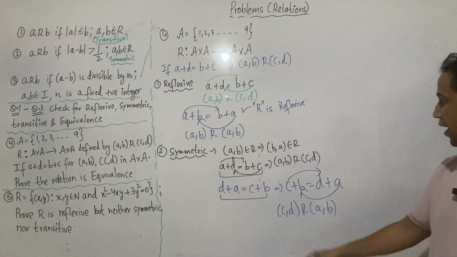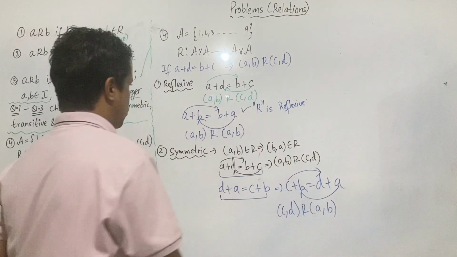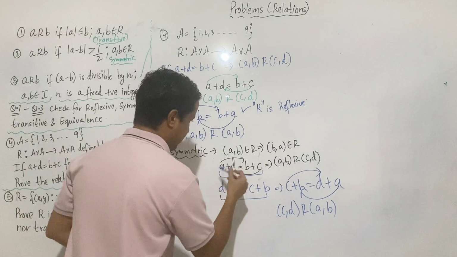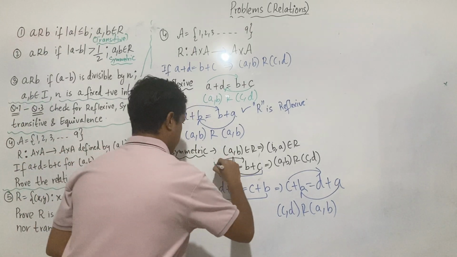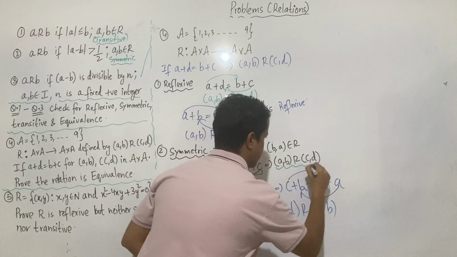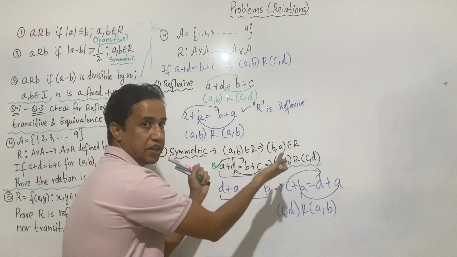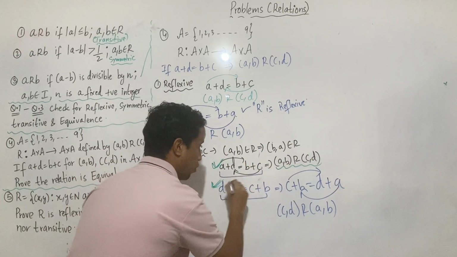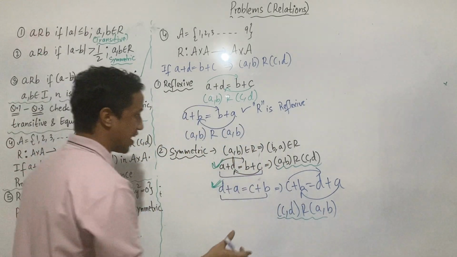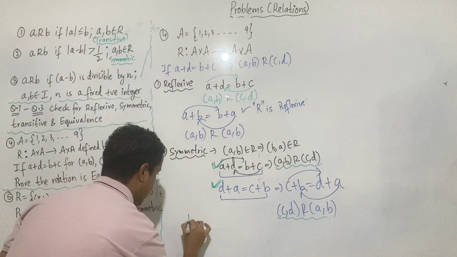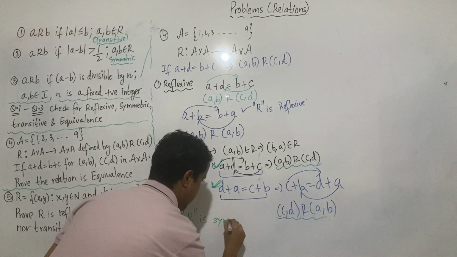So it is symmetric. Why? Because if AB is related to CD, and you just switch the places, then it says CD is related to AB, which means that this relation R is symmetric, right?